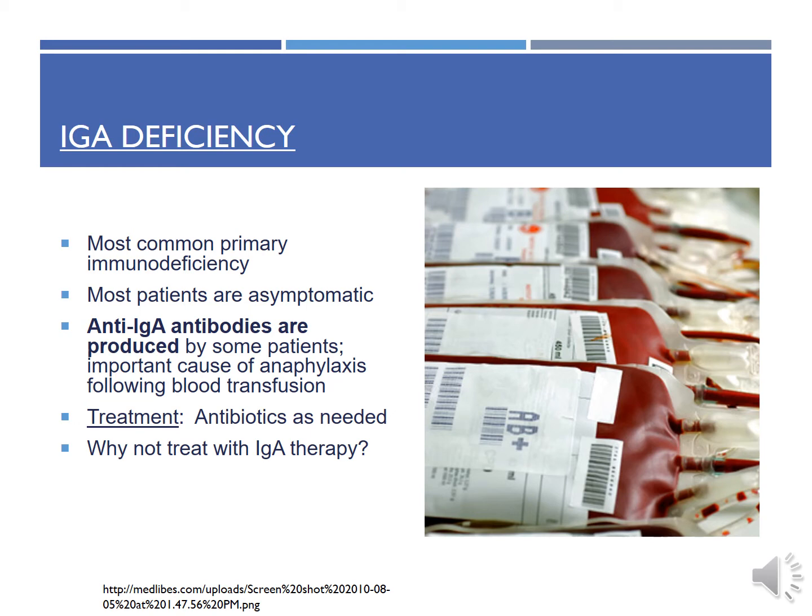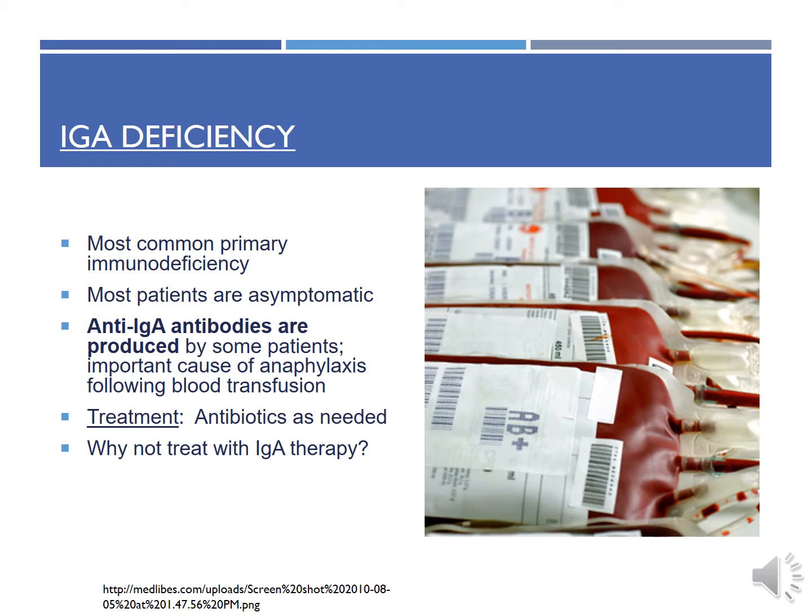Also, where are our typical IgA antibodies found? Usually in the mucosal regions of our bodies, right? So if we get IgA therapy intravenously, they're never going to make it to our mucosal systems.